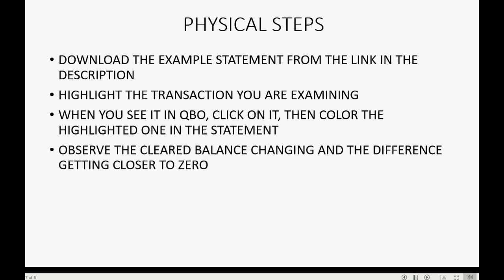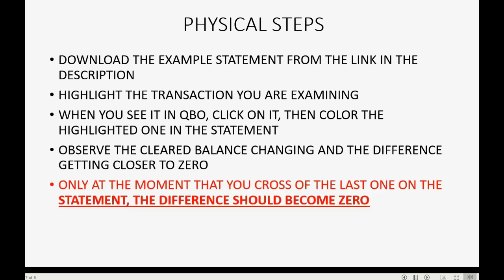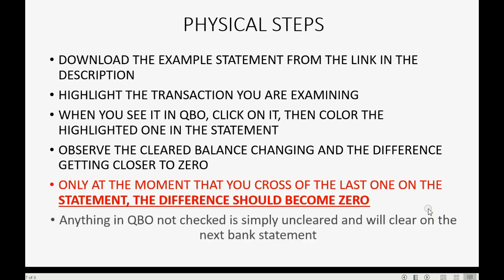Now, when you observe the cleared balance changing, the difference will get closer and closer to zero after each transaction that you click. Only at the moment that you cross off the last one on the statement, the difference should become zero. So the last crossed off transaction on the statement is the crucial moment in QuickBooks Online.